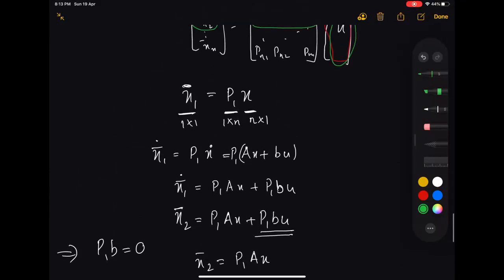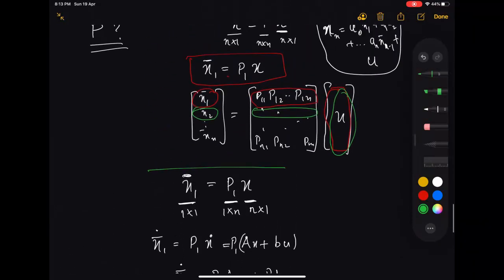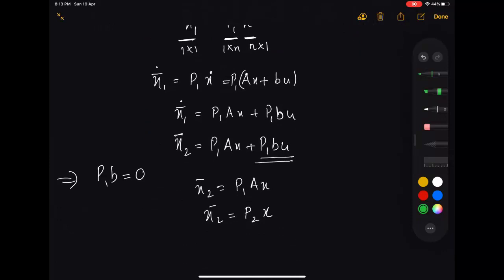You took the first element from this original equation and differentiated it, then you applied the fact that your x bar is in controllable canonical form, and because of that you could say that x1 bar dot has to be equal to x2 bar, and then because x2 bar is a linear combination of all the x's, the second term has to be 0, p1b has to be 0, and then you also said that your p2 is equal to p1a, right? So these two conclusions you have drawn from this.